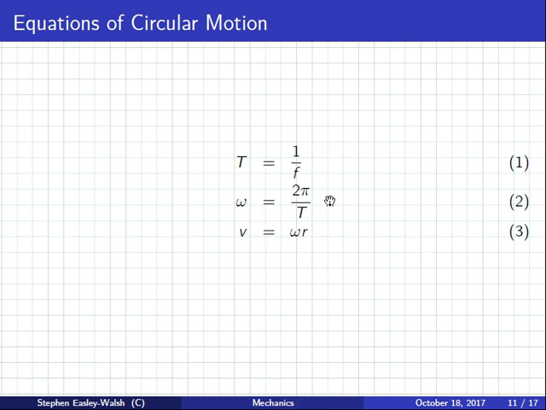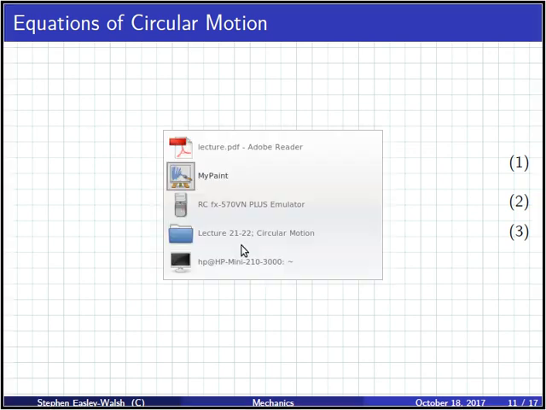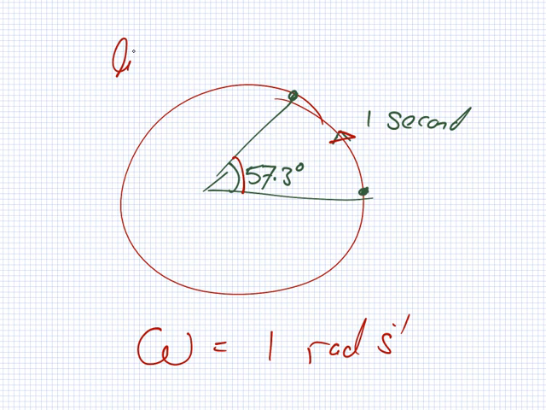Now, just to be clear, this v here, we often call it the linear speed. It's how fast it's going in meters per second. So for example, if this was a car, it would be the speed on the dashboard. That's not the same as this one.